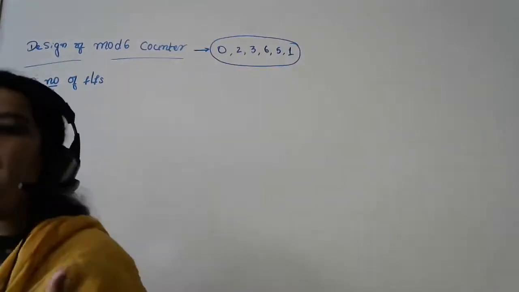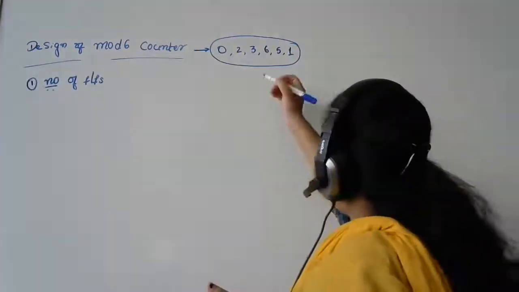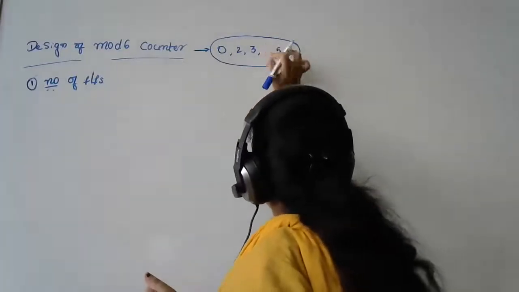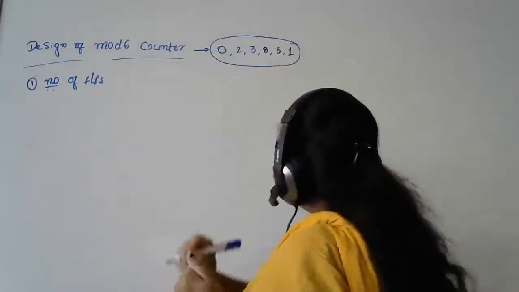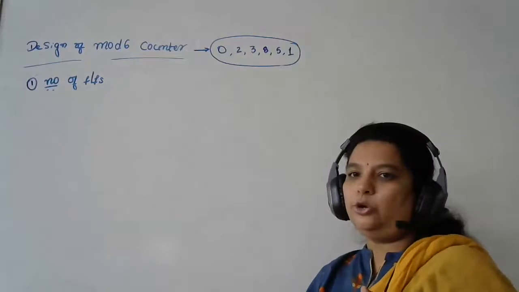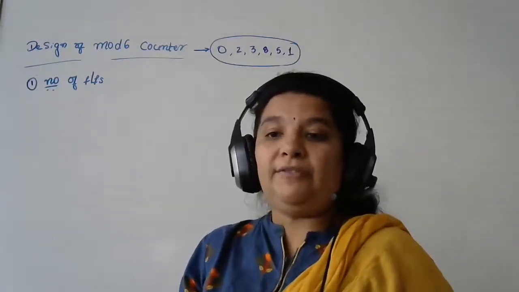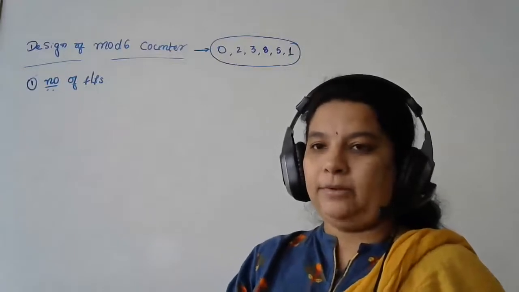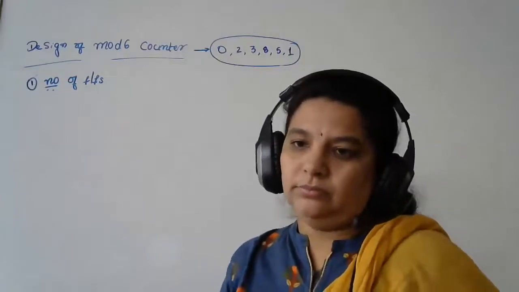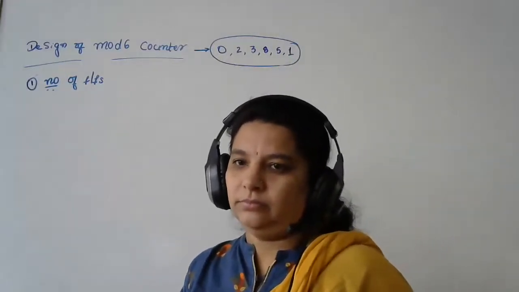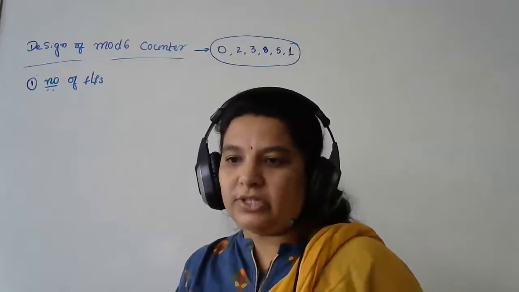Suppose I have a case wherein, instead of 6, it becomes 8: 0, 2, 3, 8, 5, 1. If this is my counting sequence, tell me how many flip-flops are required.